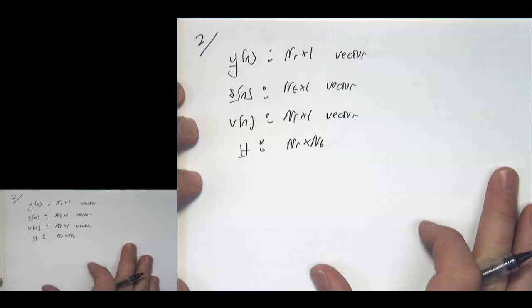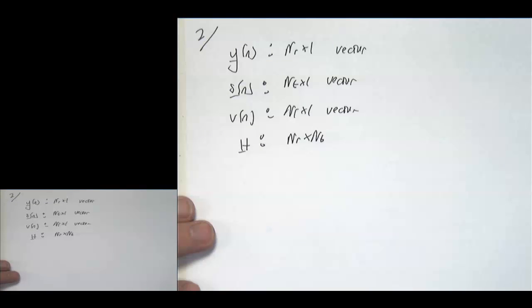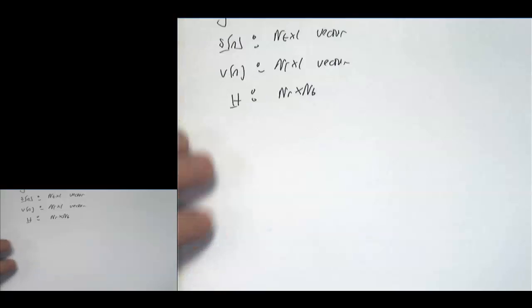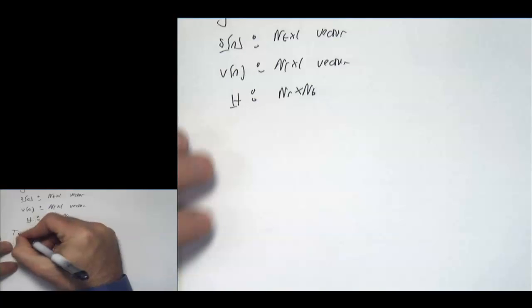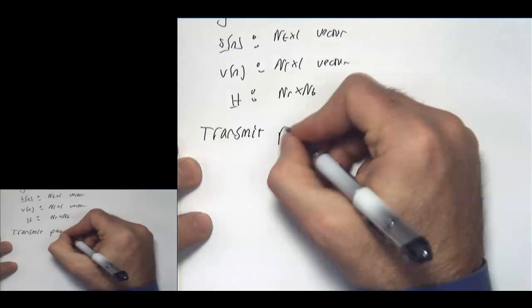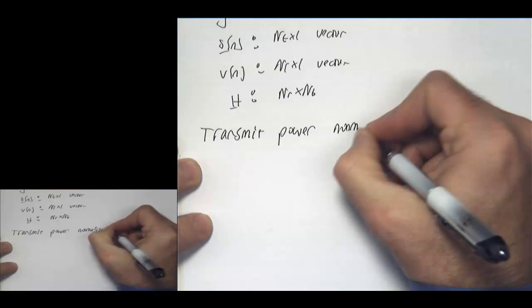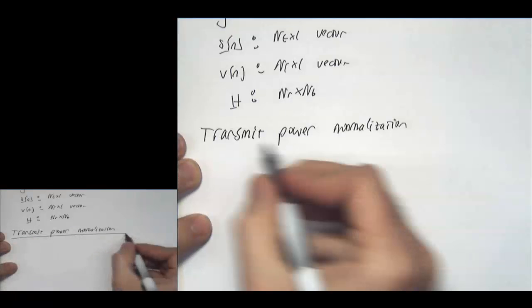And then for transmit power normalization purposes, let me just write that down explicitly. The way I have written the equation assumes a particular normalization that corresponds to what we've been assuming in class.